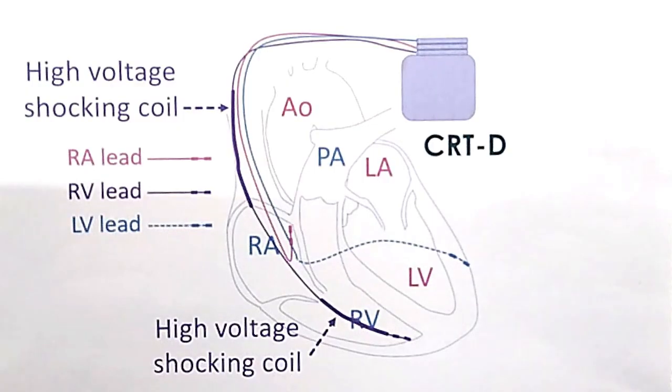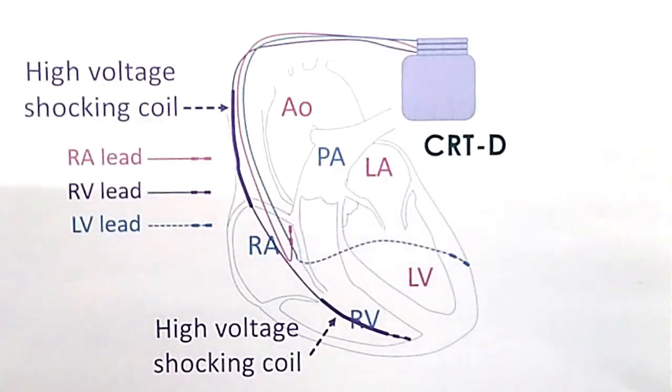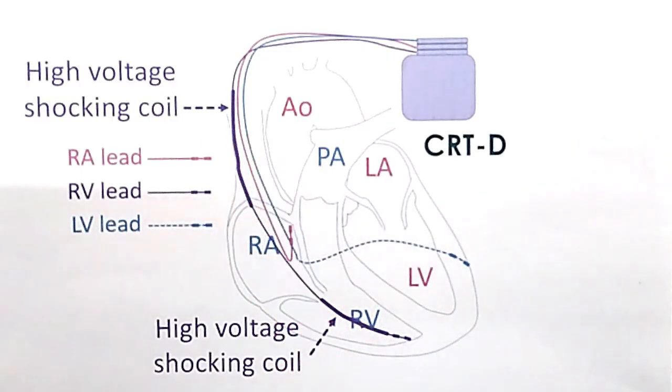This is the schematic diagram of a CRT-D, cardiac resynchronization therapy with the defibrillator. You can see that in addition to the regular leads for a CRT-P, or 3-chamber pacing or heart failure device, additional high voltage shocking coils have been incorporated in the right ventricle and superior vena cava.